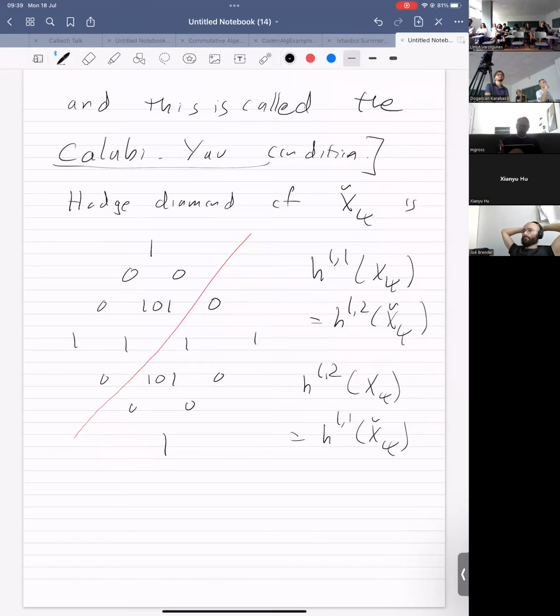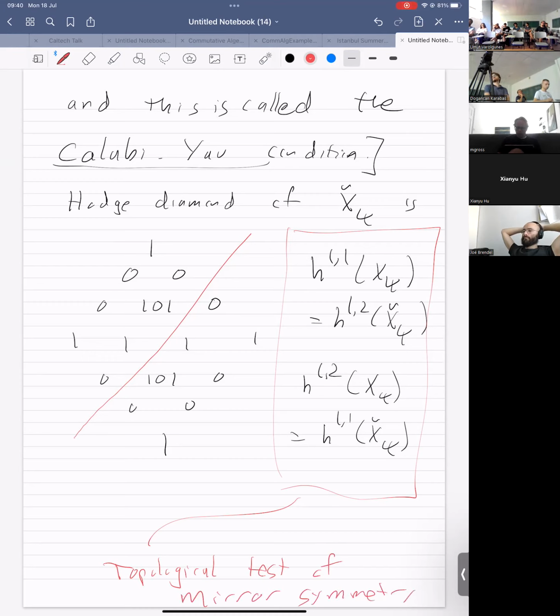So sometimes I would call this a sort of topological test of mirror symmetry. If you think that you constructed a mirror to something, this is the first thing you should check.